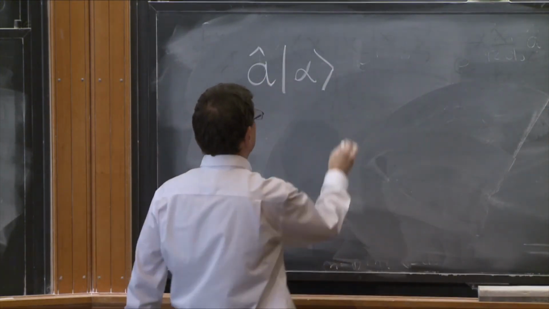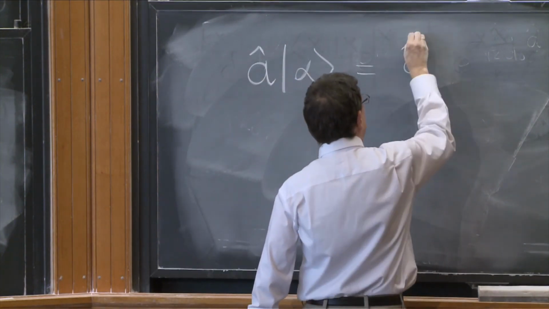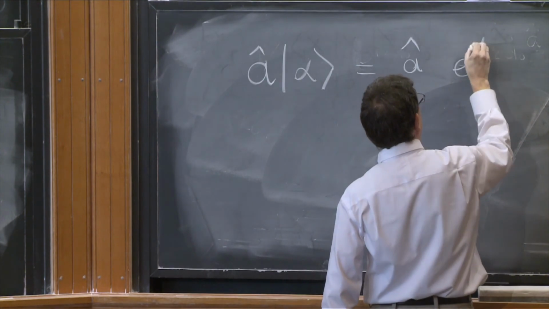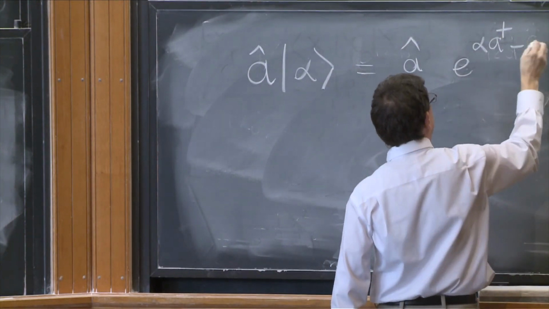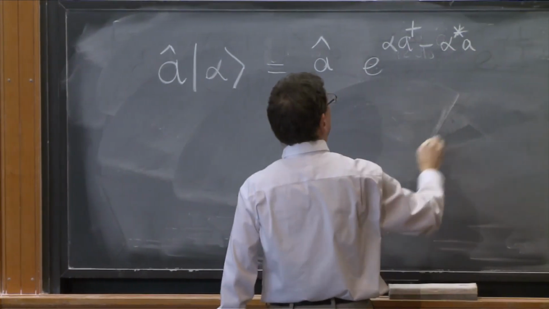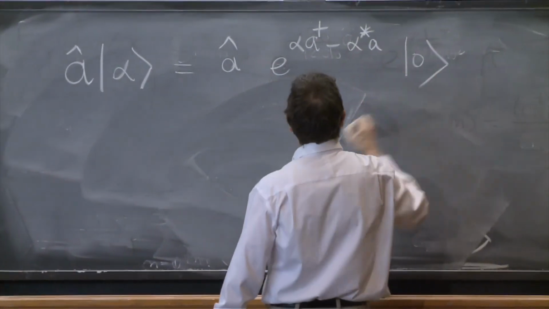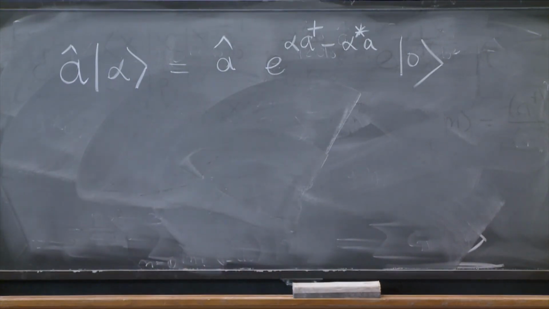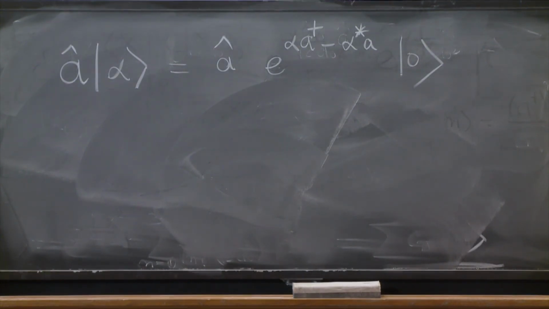Well, I would have to do A acting on this exponential of alpha A dagger minus alpha star A on the vacuum. Now, A kills the vacuum, so maybe you're accustomed already to the next step.